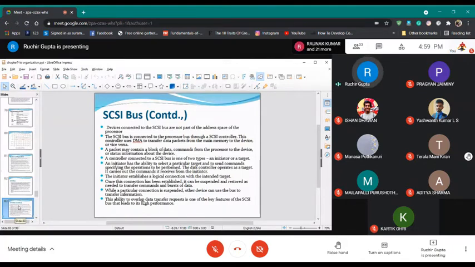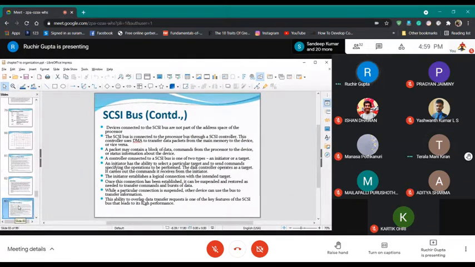Then a disk seek operation is required, so the target will send a message to the initiator that this connection has to be suspended.